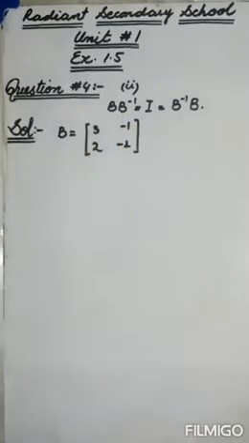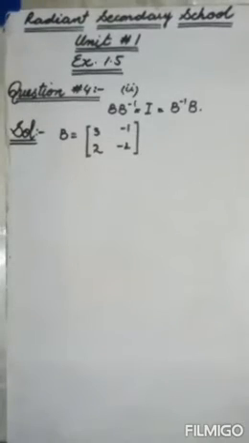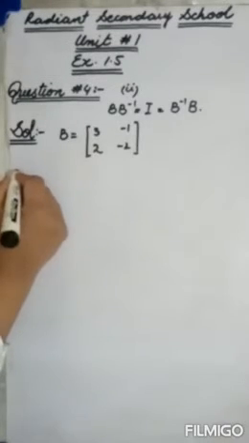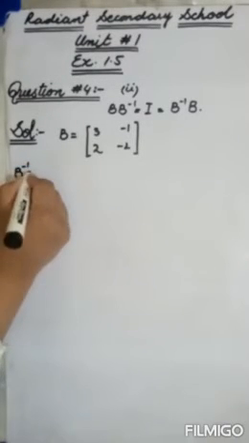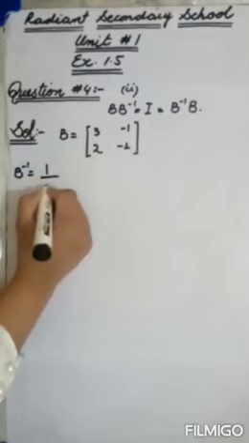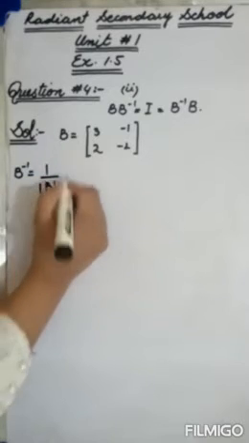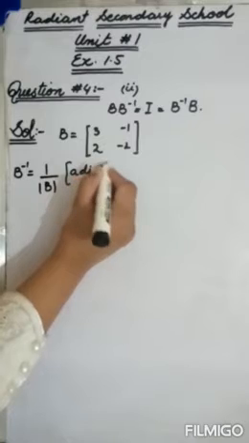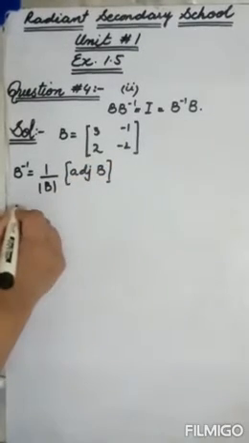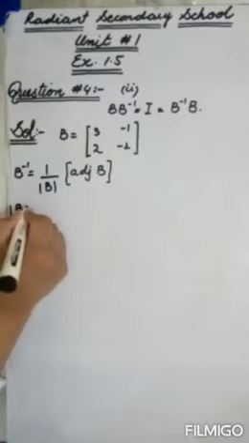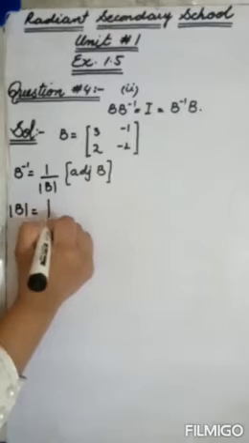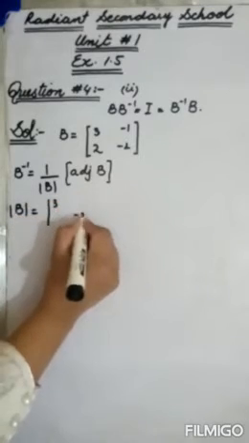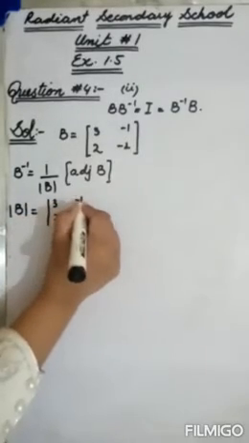Okay, first of all we have to find B inverse, and you know, for finding the inverse, what is the formula? B inverse will be equal to 1 by determinant of B into adjoint of B. Okay, first of all, for solving this formula, we have to find the determinant. 3 minus 2, 2 minus 1.